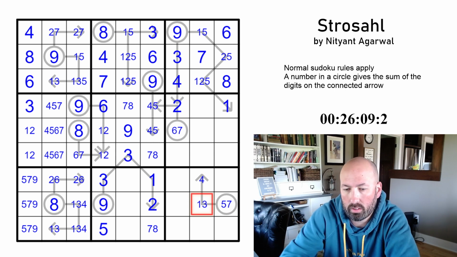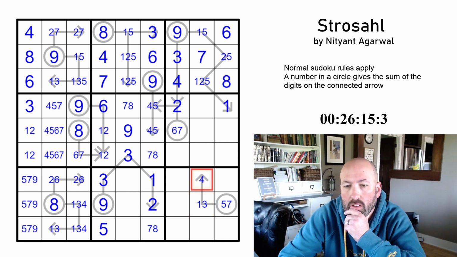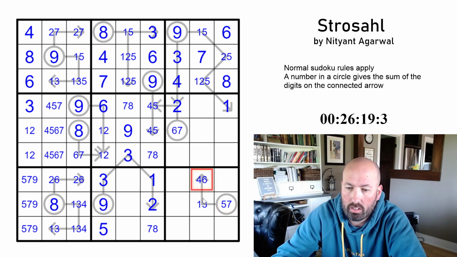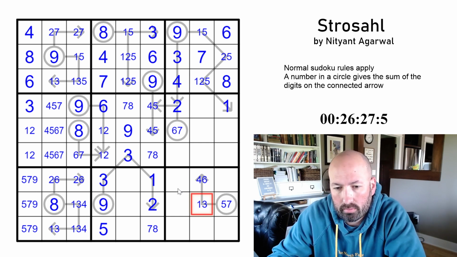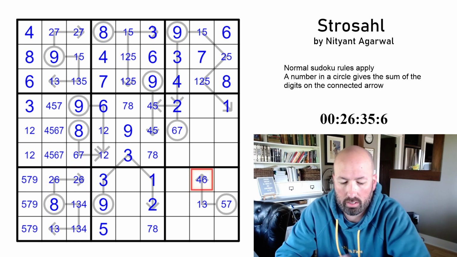Do 4, 3. You could do 5. You can't do 5, 2. So this can't be 5. You could do 6, 1 to get to 7. So this is either 4, 1, 4, 3, or 6, 1. Right? Oh, but this can't be 6 because of the 2, 6 there.